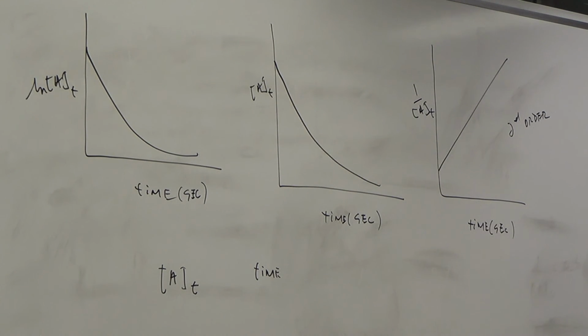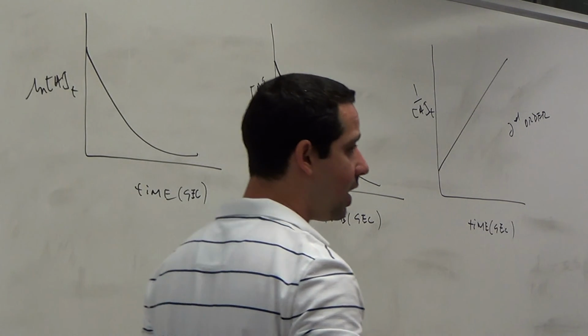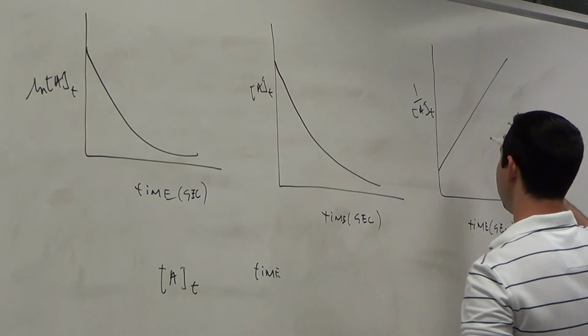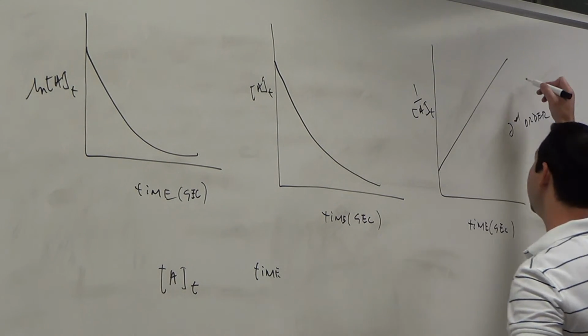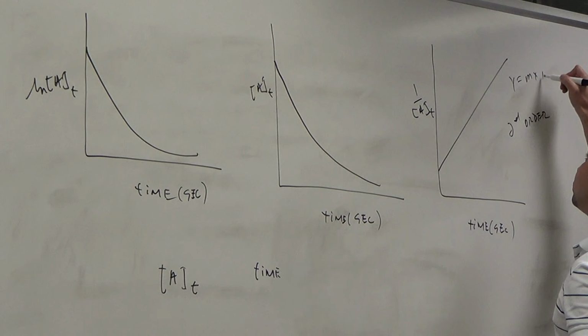If I graph this in a program, what type of program would you suggest for graphing? Excel. Okay, it could be Excel, it could be whatever other graphing program you have, yes? You graph it there, and it'll give you the slope of the line. It'll look like this: y is equal to mx plus b.